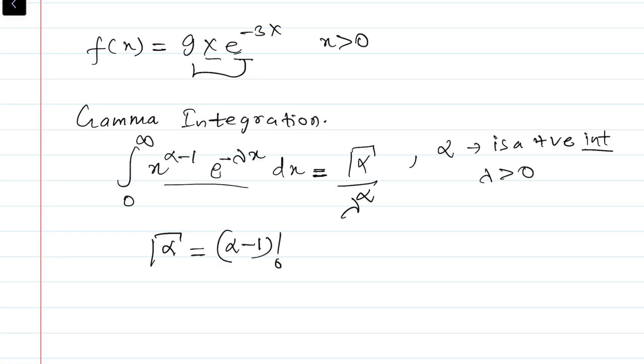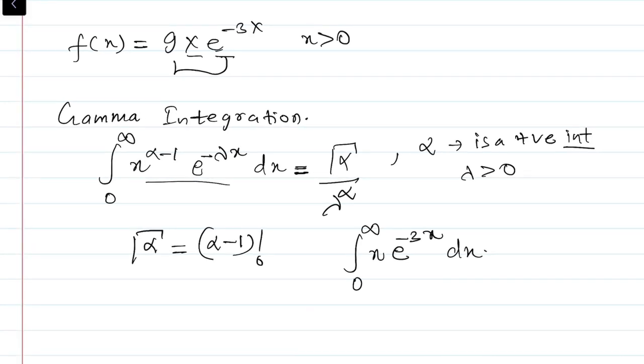For example, suppose this is 0 to infinity and the function is x times e to the power minus 3x dx. You can see that in the place of alpha we have 2, because you can write 2 minus 1, which is simply 1. So in place of alpha we have 2 and in place of lambda we have 3.